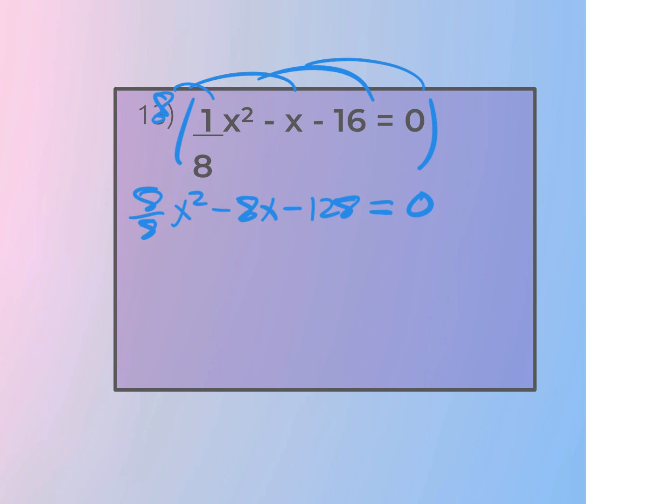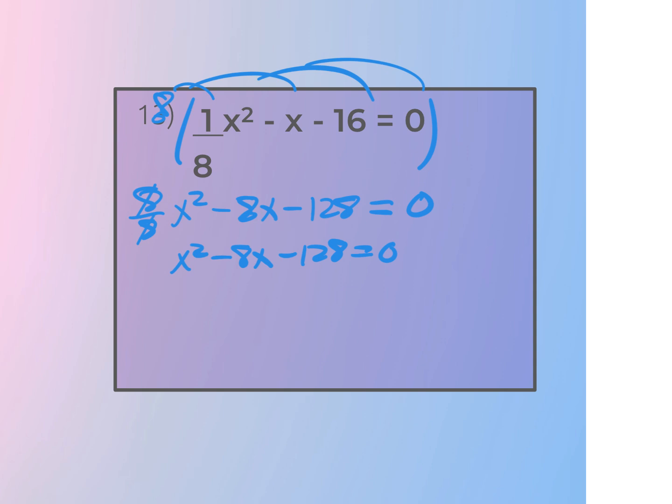If you can't do it in your head, there's nothing wrong with just writing it off to the side, taking a little break from it, all right? You want to be accurate, right? If you can't do it in your head, don't do it in your head. Do it off to the side. And then 8 divided by 8 goes away, right? That becomes 1, so then we're just left with x squared minus 8x minus 128 equals 0.